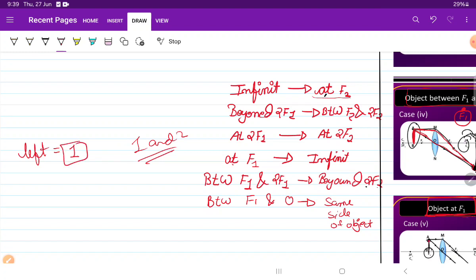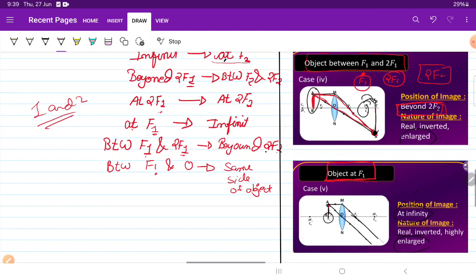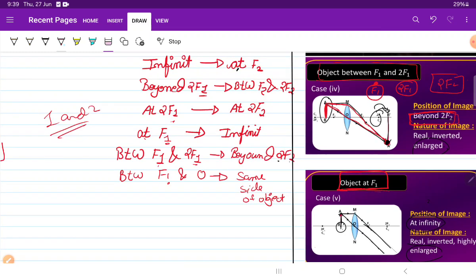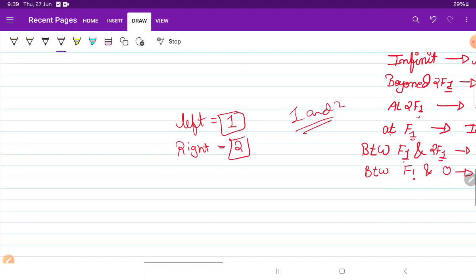On the left side there will always be 1, you can see 1 1 1 1 1 and also 1. And on the right side there will always be 2, always 2 2 2 2 2 2, you can see that. So there is a main difference between right and left.